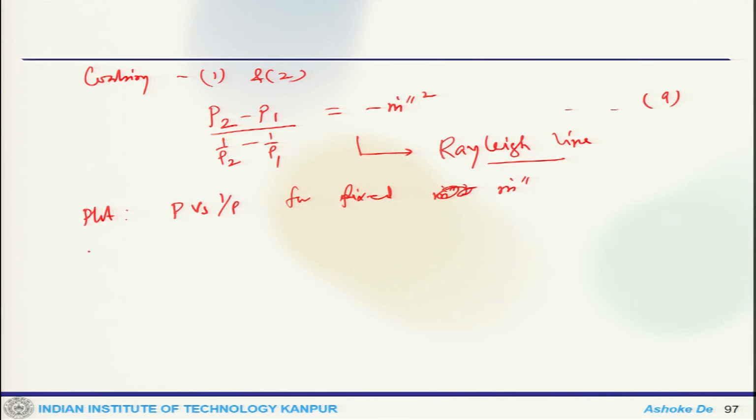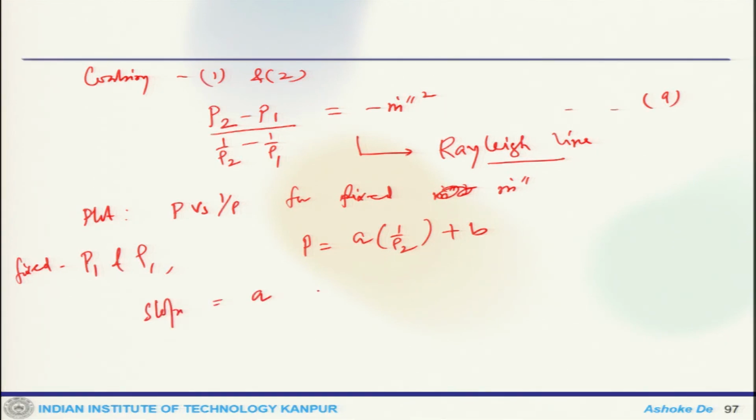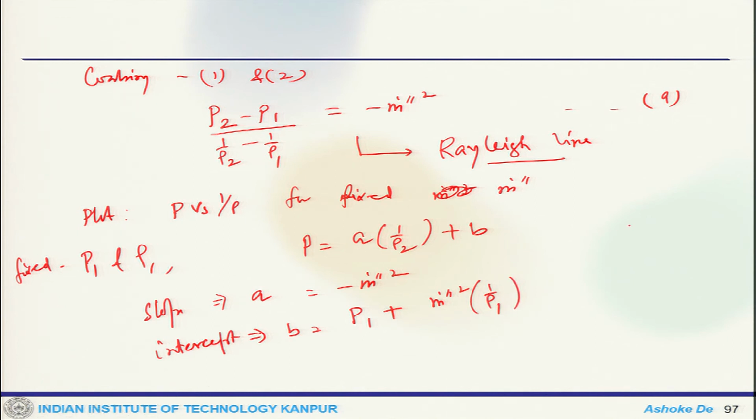Let us say for fixed P1 and rho 1, we get P equals A into 1 by rho 2 plus B. This is for fixed P1 and rho 1, where slope A equals minus m dot square and intercept B equals P1 plus m dot square into 1 by rho 1.